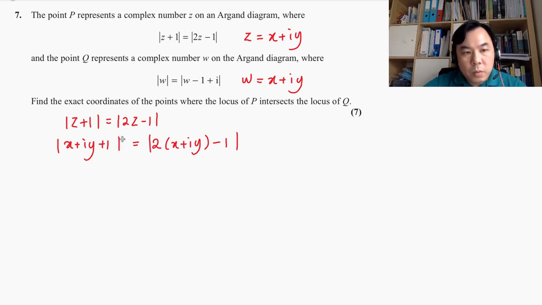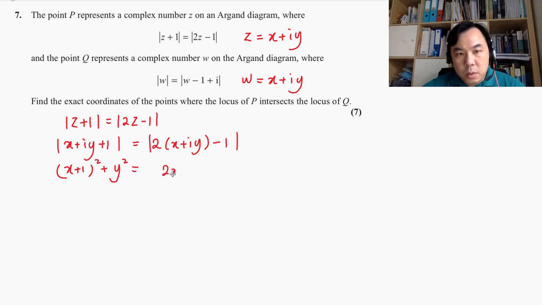Once you square both sides of them, you are actually getting the square of their magnitude, which in this case is x plus 1 squared plus y squared. And then this part here will be 2x minus 1 squared plus 4y squared. All right, now I hope that's clear.